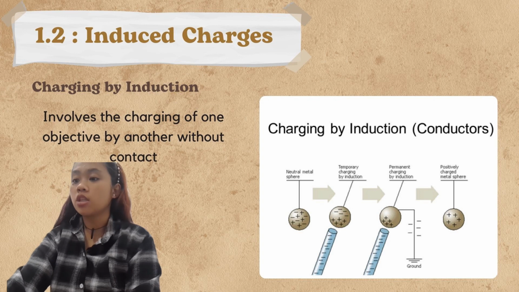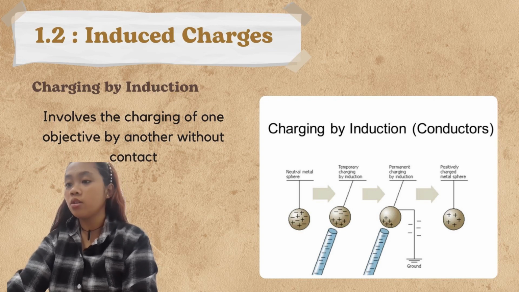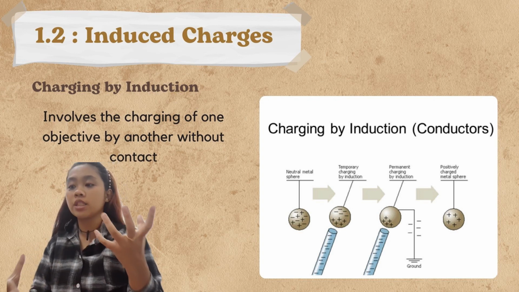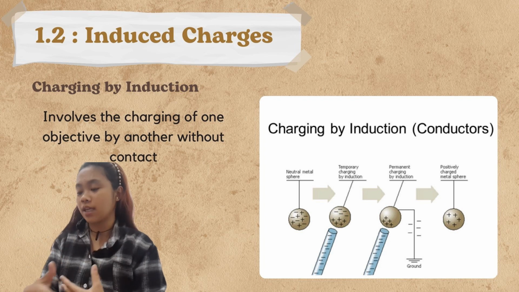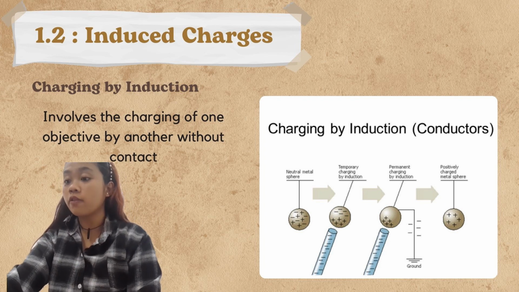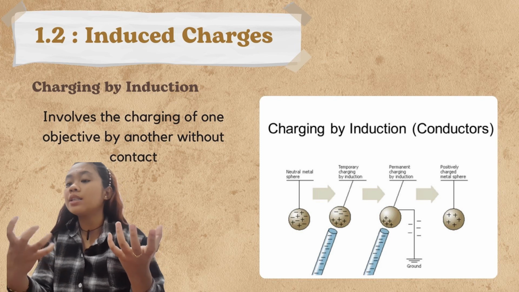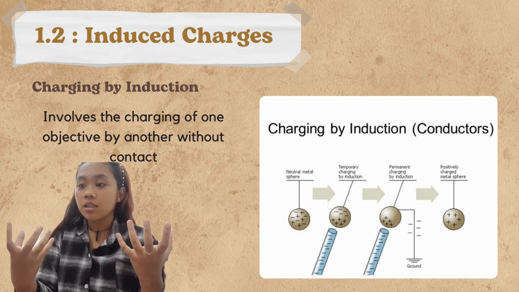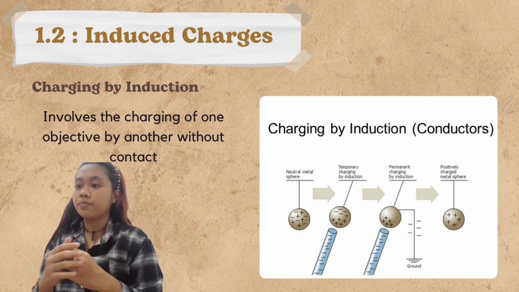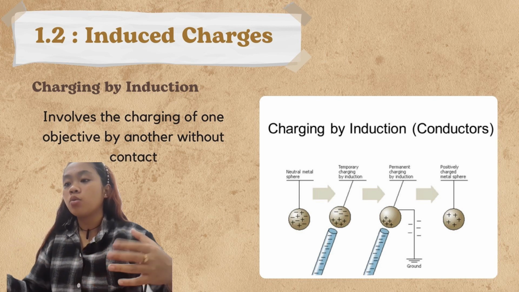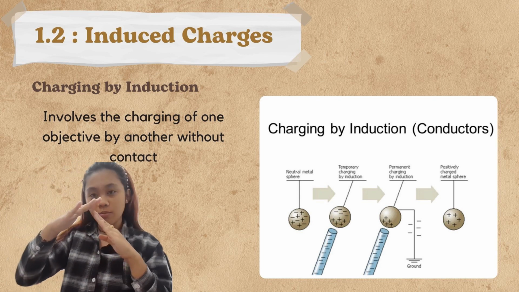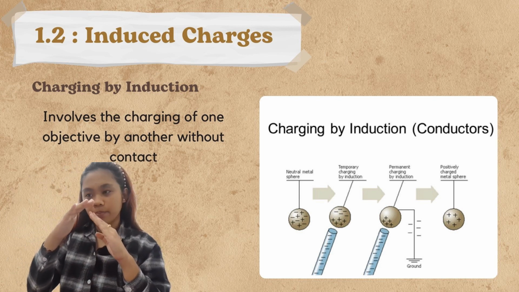Next is charging by induction, which involves the charging of one object by another without any direct contact. If we look at the example, charging by induction of conductors, we have a neutral metal sphere and a negatively charged rod, and we get them close to each other but do not quite touch them.